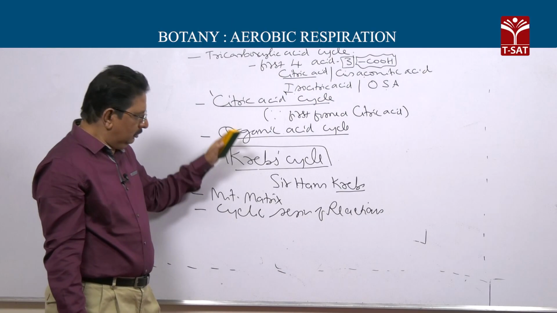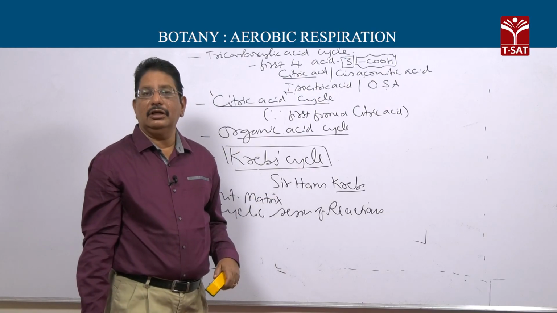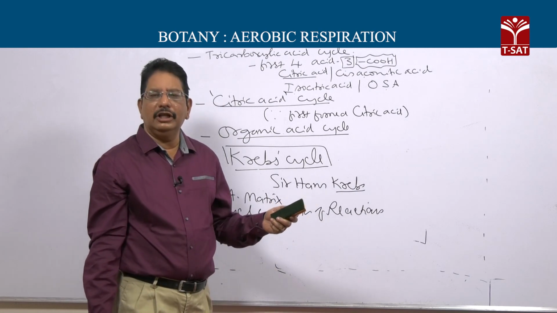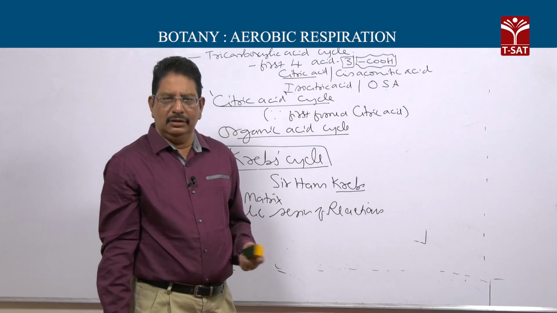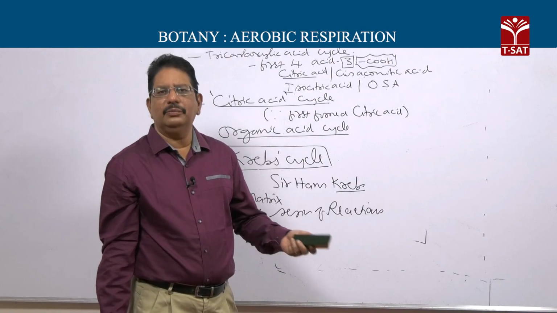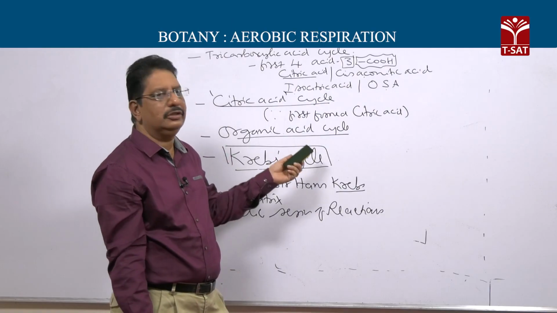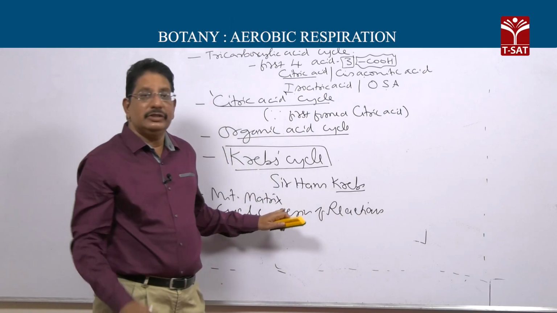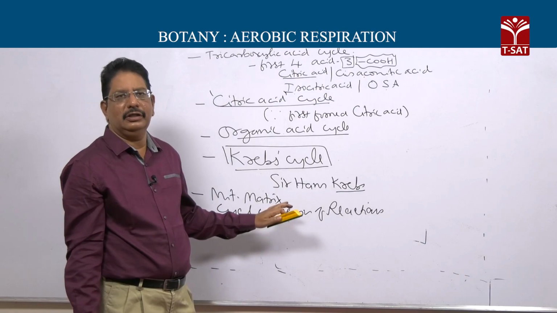But the so-called EMP pathway is a linear pathway, not a cyclic pathway. You know that metabolic pathways in a living cell are either linear or cyclic. There are a good number of examples to support these 2 statements. One example of a linear pathway is our EMP pathway, and a cyclic pathway is the so-called Krebs cycle.